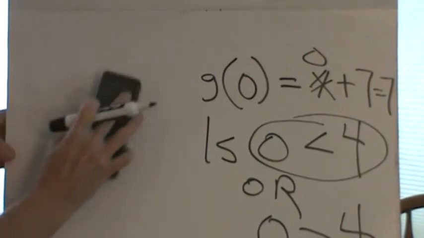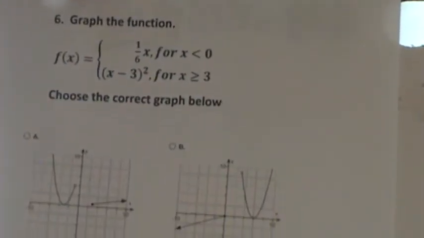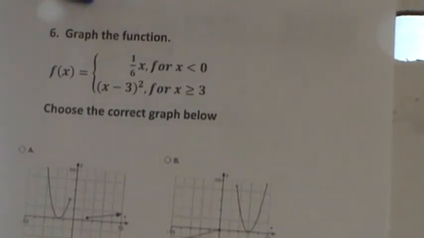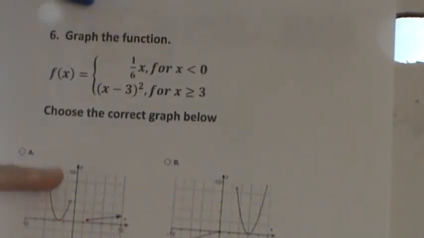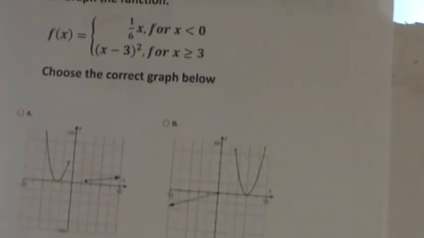Now, I have to do one more problem for you, and then that will end this video. I need to do number 6. Because now they're asking you to graph this piecewise function. But thank goodness, you don't have to graph, you just have to pick choice A, B, C, or D. Which one is the correct graph?